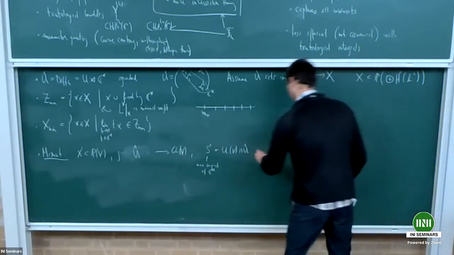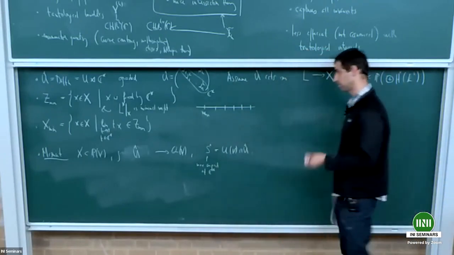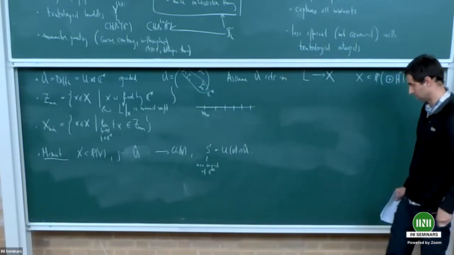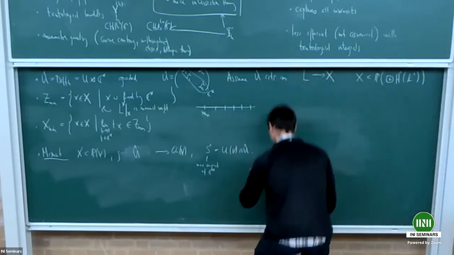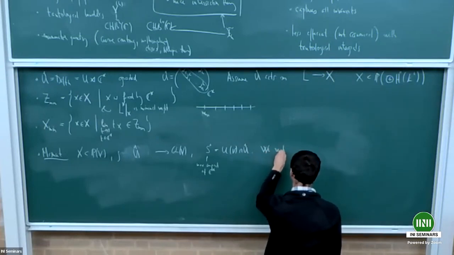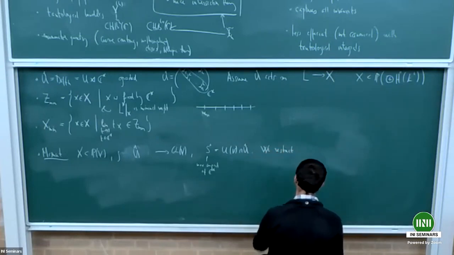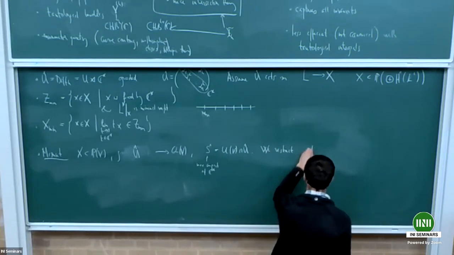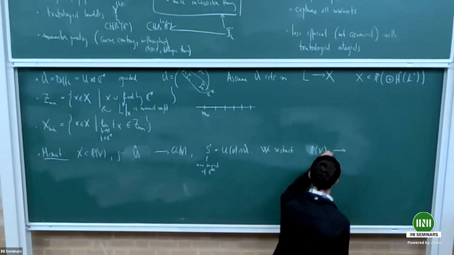And then how we define this non-reductive moment map is really simple: we restrict the moment map from P of V, that's mu GL.